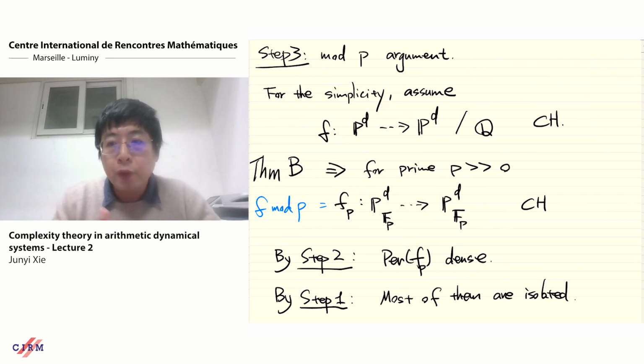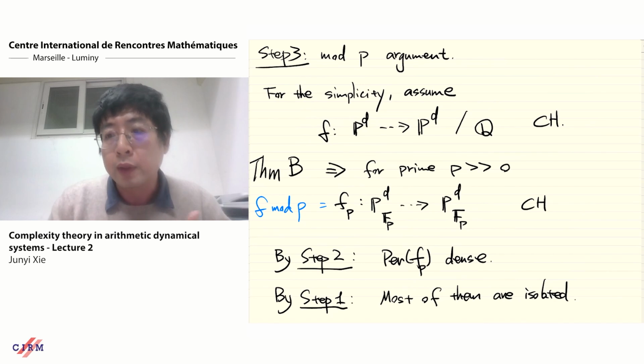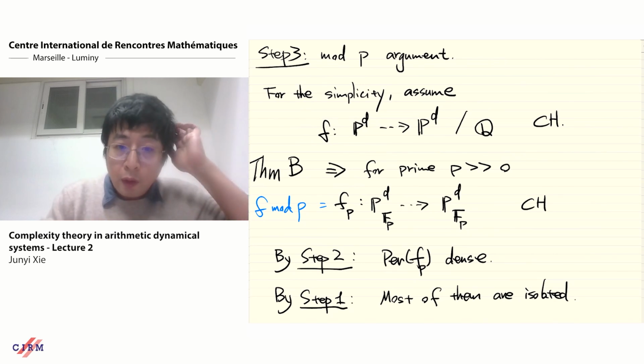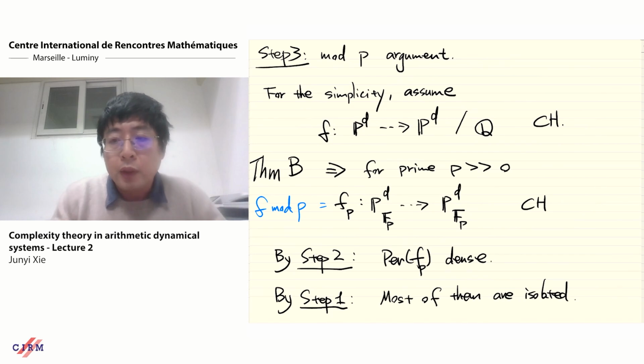And if you have a lot of periodic points which can be lifted, then you get a lot of periodic points in the generic fiber, and then this implies the Zariski density. For simplicity, we assume our X is just the projective space, and our field is Q.